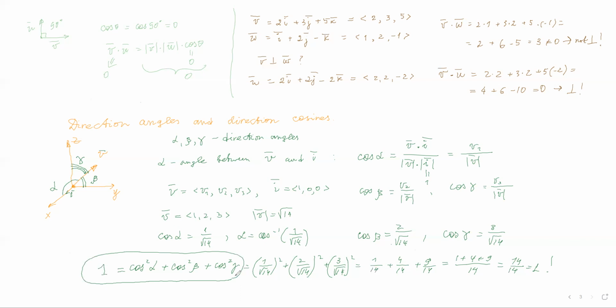We know that the angle between the vector and the y-axis is complementary. For example, if this is 30, this one is going to be 60. But cosine of 60 is exactly sine of 30, and that's why we have sine in the Pythagorean identity in 2 dimensions, and all cosines in the Pythagorean identity for 3 dimensions.